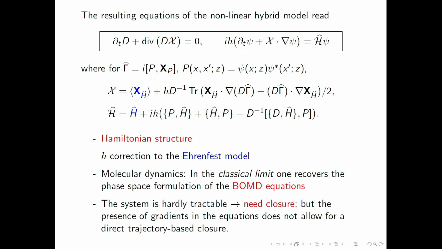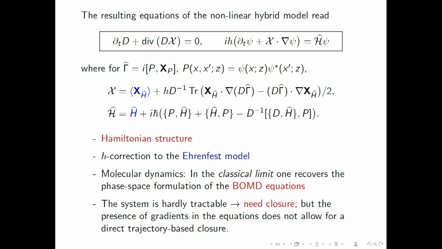And then this is something which was presented in the GSI paper, the connection to molecular dynamics. So in the classical limit, so if we think of a large nuclear to electron mass ratio, or a small electron to nuclear mass ratio, one can show that basically one recovers a phase-space formulation of the Born-Oppenheimer molecular dynamics equations, which is basically Newton's law for the nuclei, and an eigenvalue problem for the electrons.